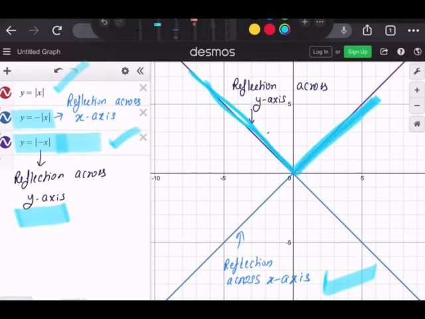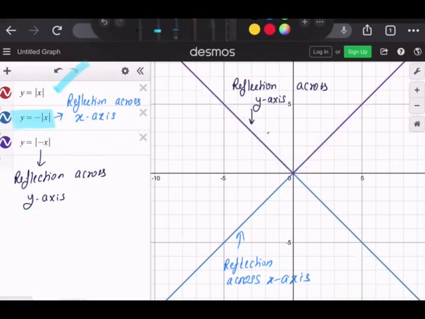That's why we cannot see that curve, because the purple curve has overlapped the red curve. So that's called reflection, either across the x-axis or across the y-axis. You have to determine if this negative sign is outside the function or inside the function, and that transforms the function by reflection across the y or across the x.